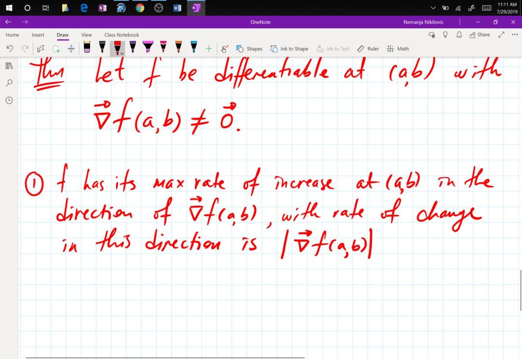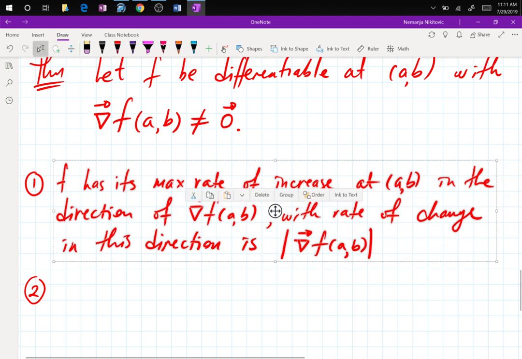Now we're going to have exactly the same. We're just going to change maximum into minimum and put 2 negative signs. So in the direction of the negative gradient is going to be the steepest descent, which is the fastest way down, the steepest way down. So I'm just going to copy this whole text and put those minus signs where they belong.